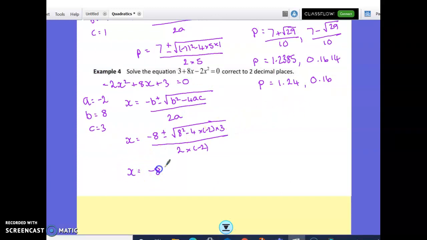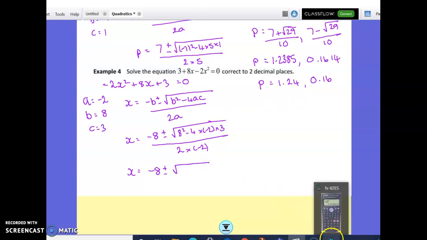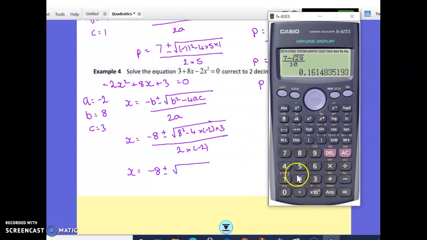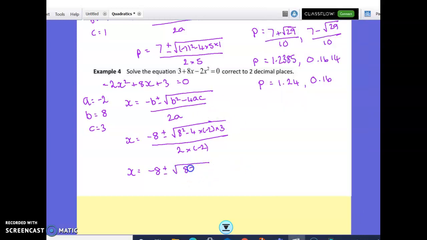Which is minus 8 plus or minus the square root of 64 plus 32. It's 8 squared minus 4 times negative 2 times 3, 88, all over negative 4.